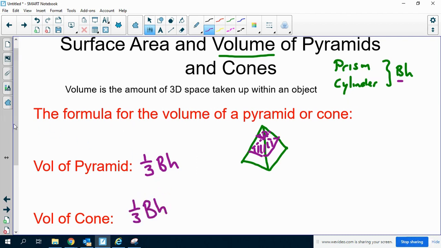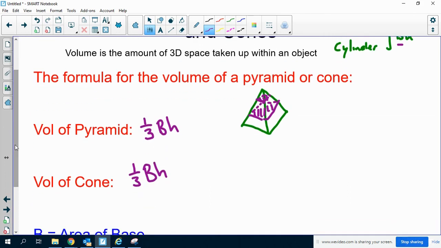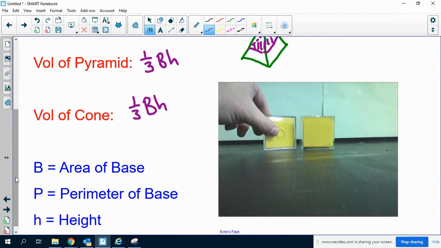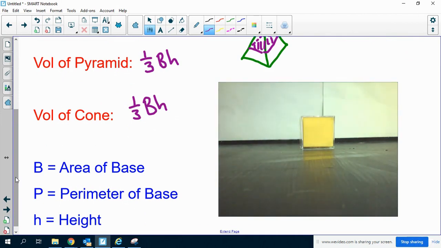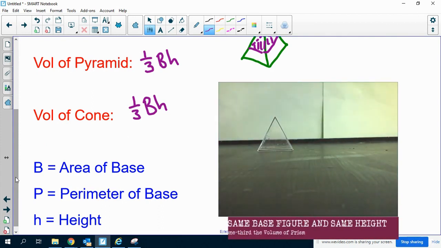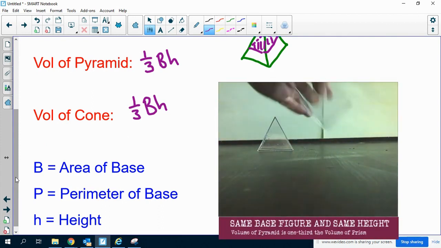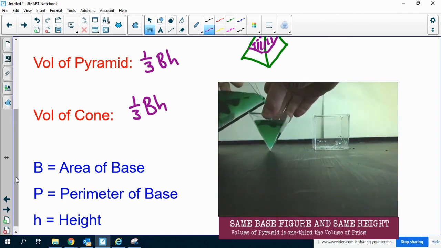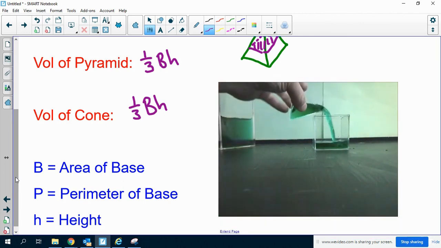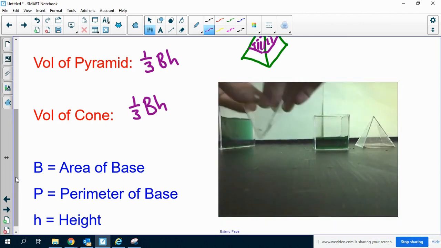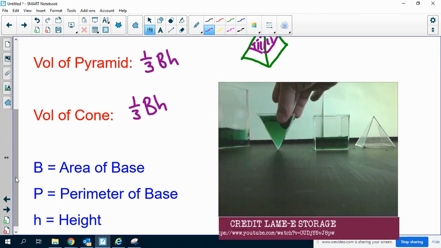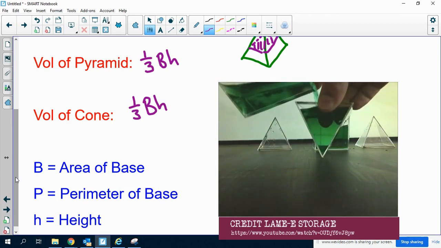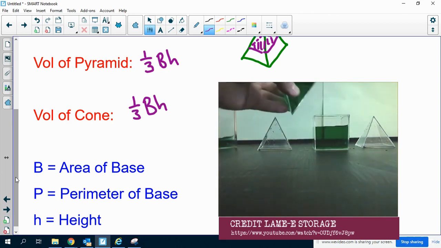Why 1/3, you ask? Well, as we continue to show what's going on, if you take a pyramid, as is shown in the video in the bottom right part of the screen, and you fill it up with some kind of liquid, and you pour it into a prism that has the exact same shape of the base and the exact same height of the figure, what you'll see is that it takes 3 pyramids to fill up one time of that prism.